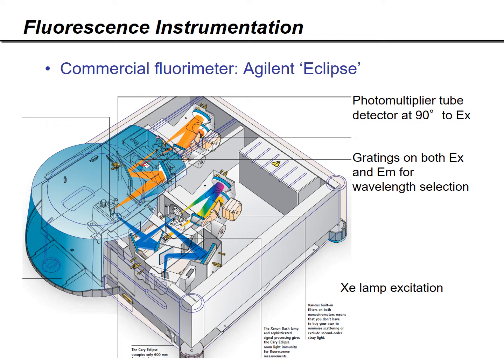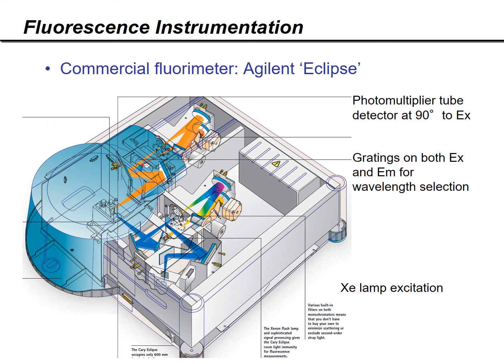The detector is a photomultiplier tube, so that's simply a device which, when a photon of light hits it, triggers a cascade of electrons which forms a signal, and so that's how that photon is detected. So that photon is multiplied up to give lots of electrons and a detectable electronic signal. And that detector sits at 90 degrees to the excitation. So emission is at 90 degrees. There's a simple reason for that, which I'll let you work out for yourselves.